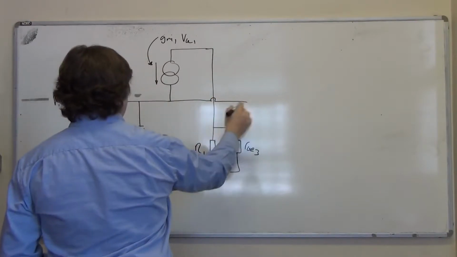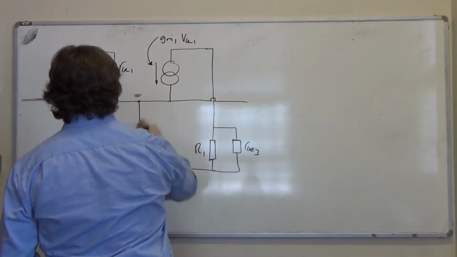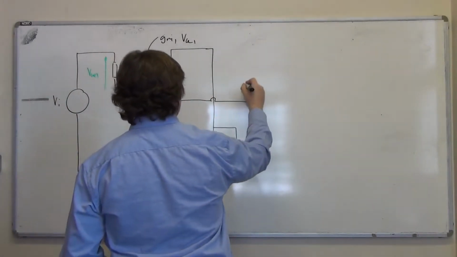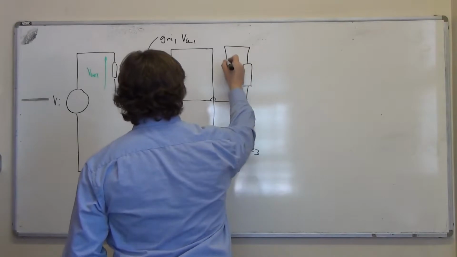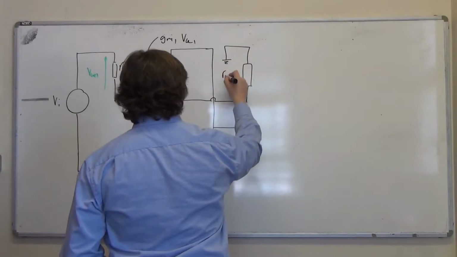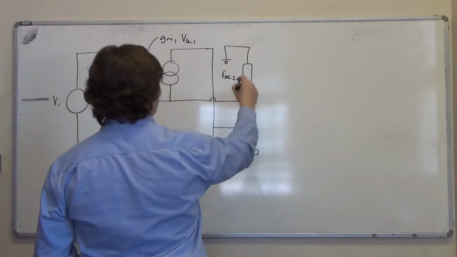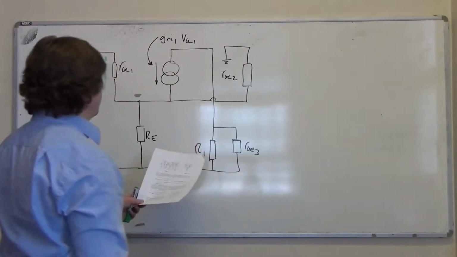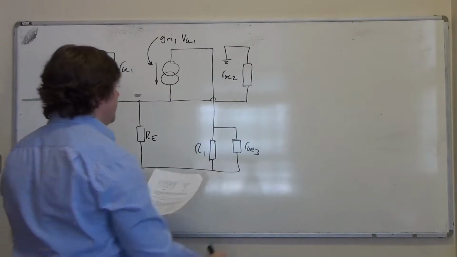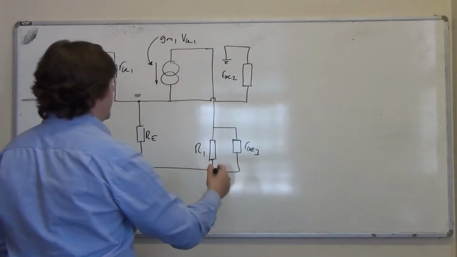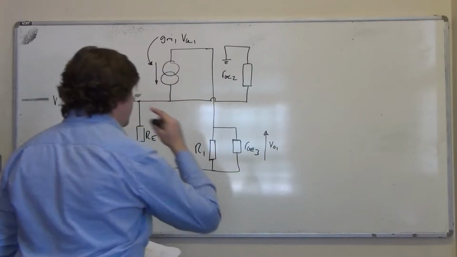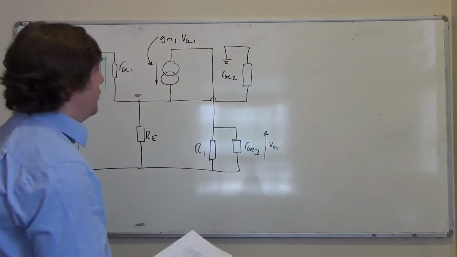But we also have something else hanging off the emitter. So this is the emitter of the long-tailed pair, or the differential pair if you prefer. So there's another transistor which has got an RBE, and this is RBE2. And this one we connect to ground because we're driving one input to see what the gain is, looking at the output, and the output is the input of the next stage, which is the input resistance of RBE3.